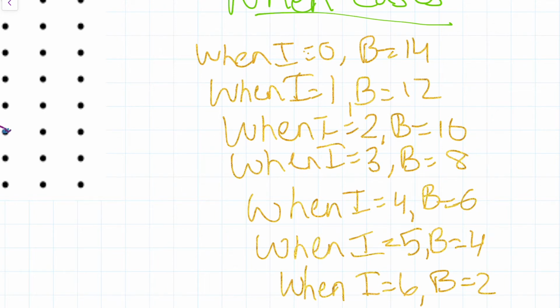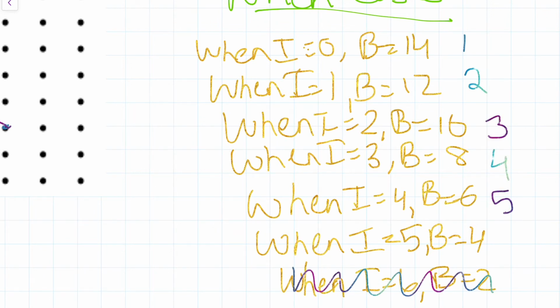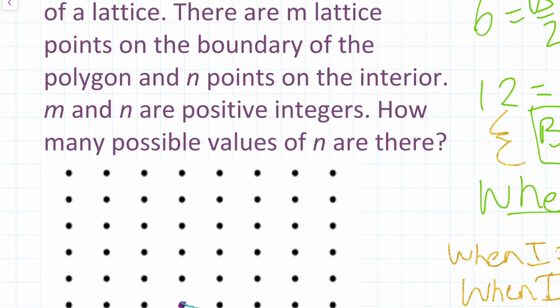So we have to rule this case out. Then we're left with 1, 2, 3, 4, 5, 6 cases. So our answer is 6 values.